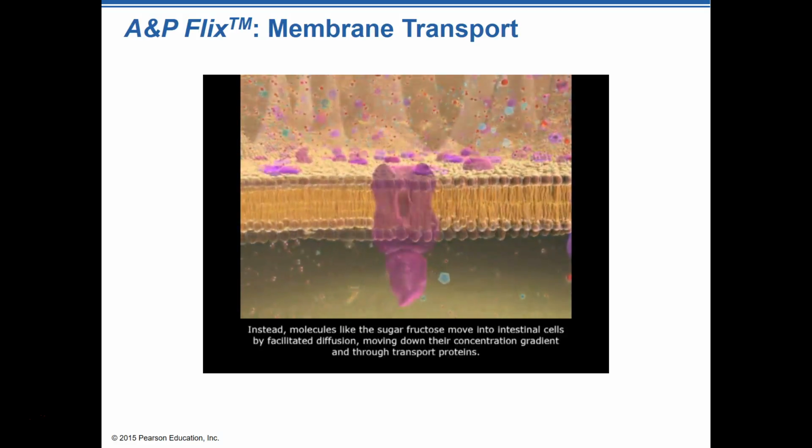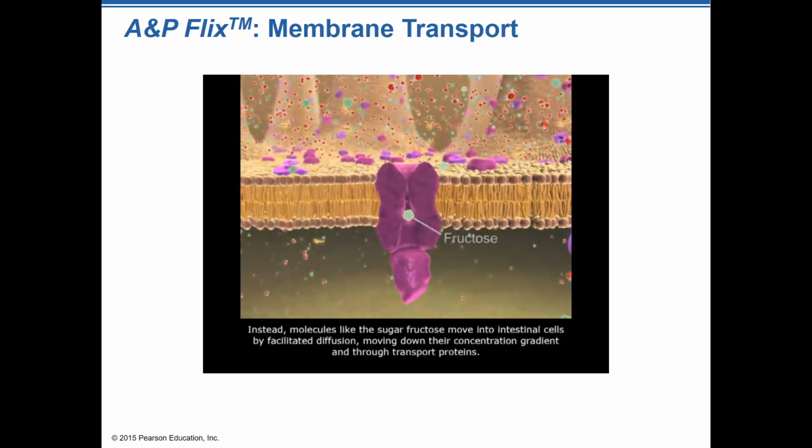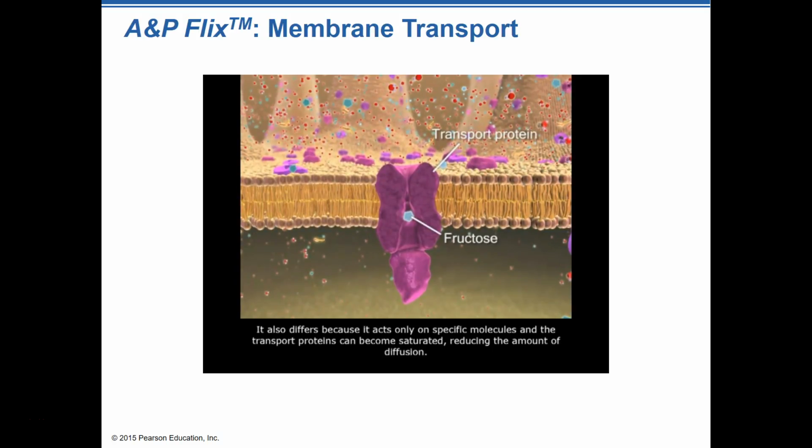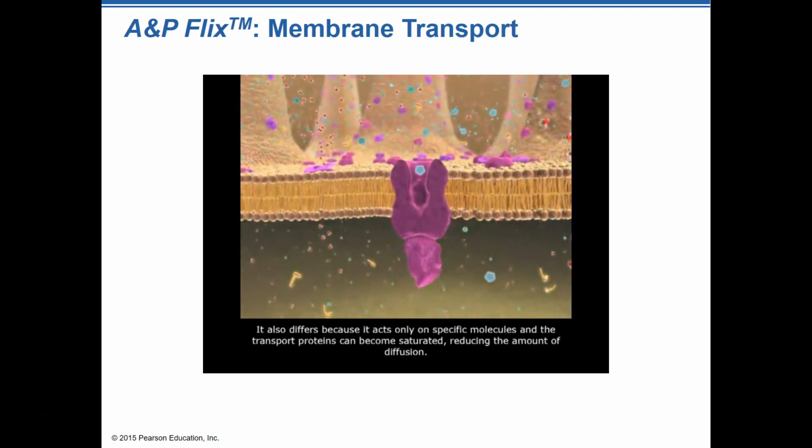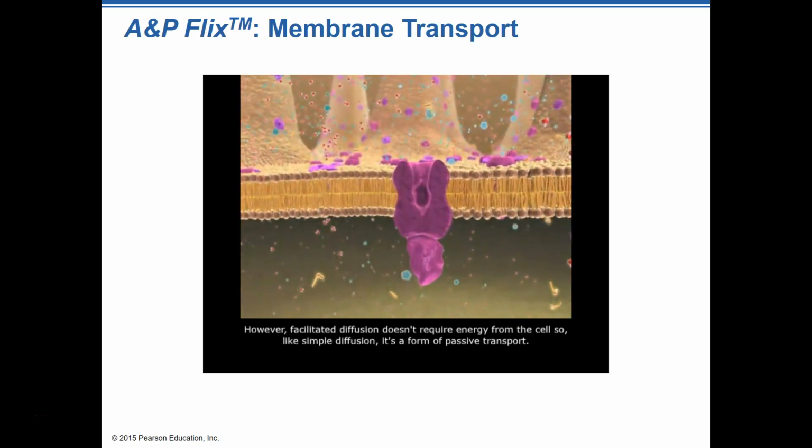Instead, molecules like the sugar fructose move into intestinal cells by facilitated diffusion, moving down their concentration gradient and through transport proteins. It also differs because it acts only on specific molecules, and the transport proteins can become saturated, reducing the amount of diffusion.